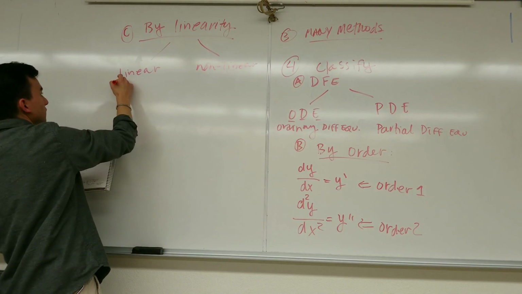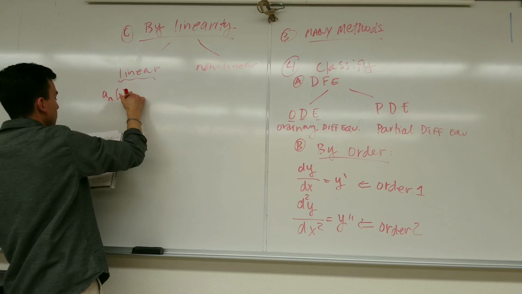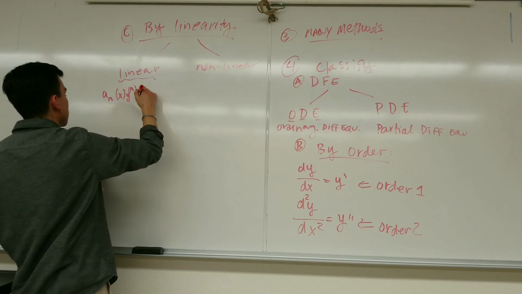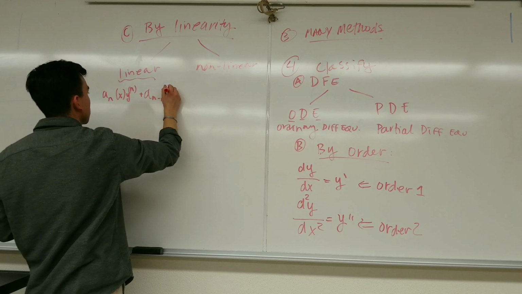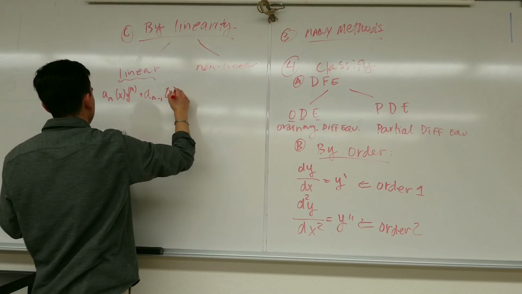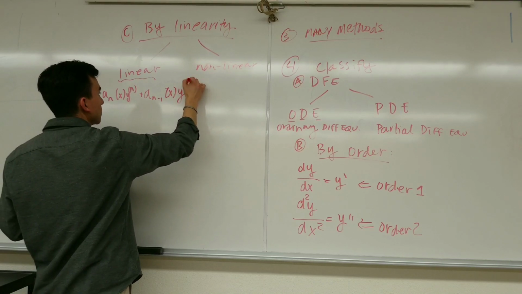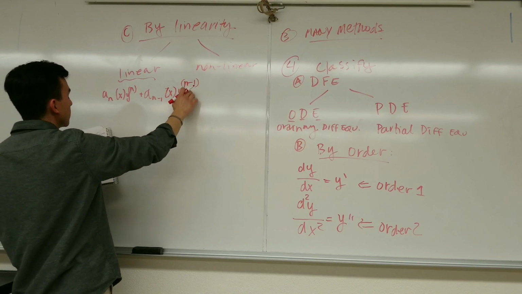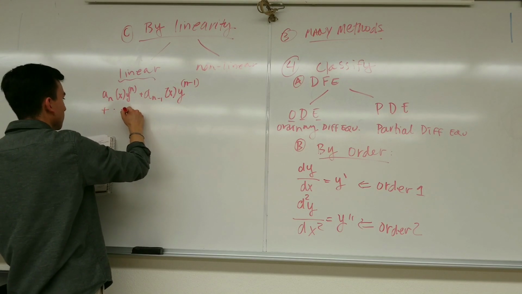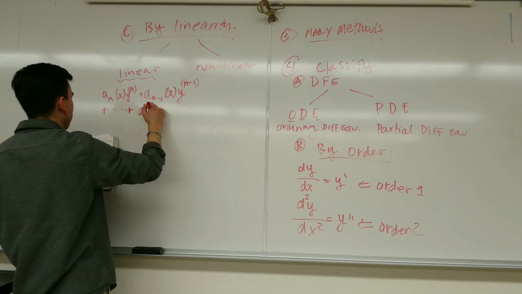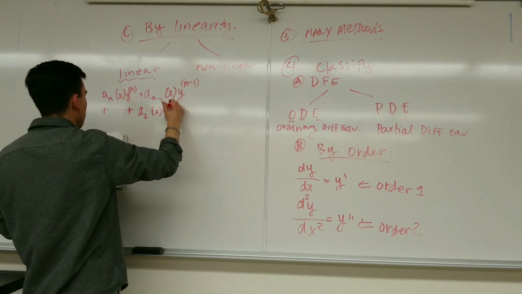So the linear is going to be in the form of a_n(x) y^(n) plus a_(n-1)(x) y^(n-1), and that's going to go plus, and I hope you guys can see the pattern.